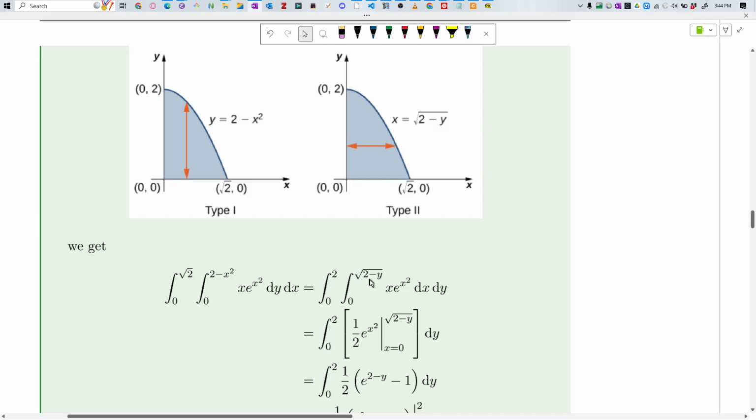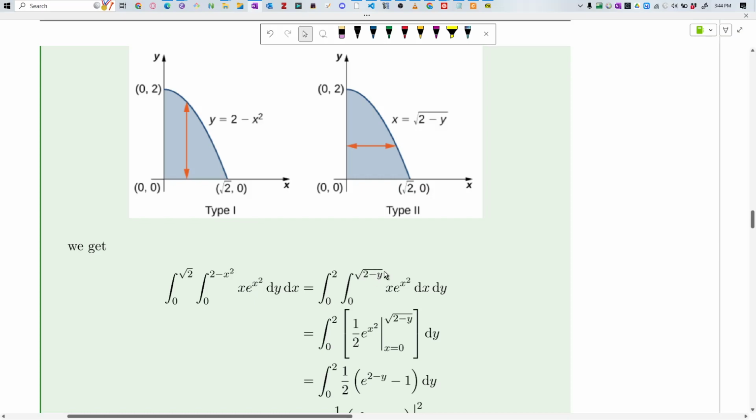One comment I should make about how these limits work. You want to think of the inner integral as having, how do I want to say this? When you're inside this integral of y, it's as though y is treated to be like a specific constant.